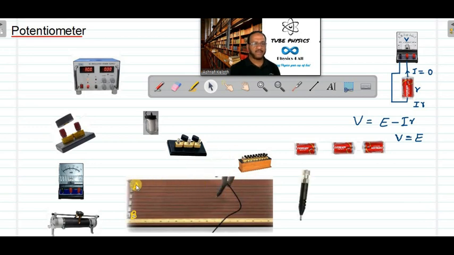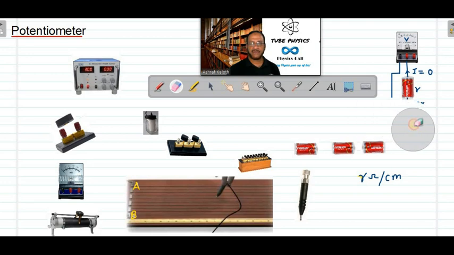Now this potentiometer wire has a resistance per unit length. Suppose it is R ohm per centimeter. Now before coming to the potentiometer, there is one more principle that we already discussed in the case of combination of cells.